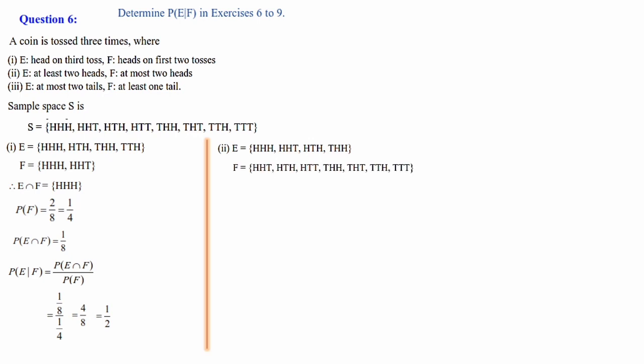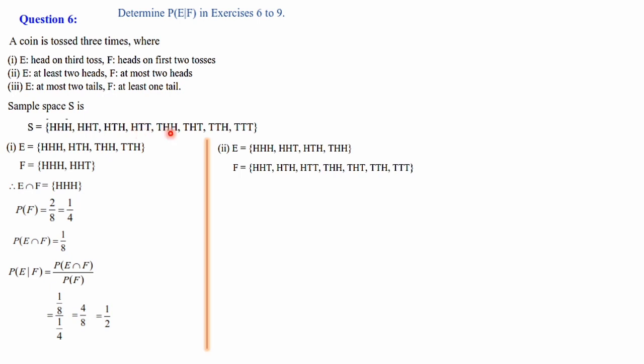Next let's try for F. F at most 2 heads means maximum 2 heads. Maximum 2 heads means 3 heads cannot be taken. So this will be going. Then HHT, maximum 2, it's okay. Then here also maximum 2 heads, it's okay. Then HTT, maximum 2 heads means 1 also, it's okay, no problem. So HTT will be taken.